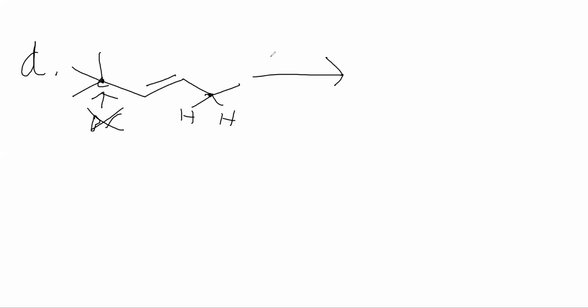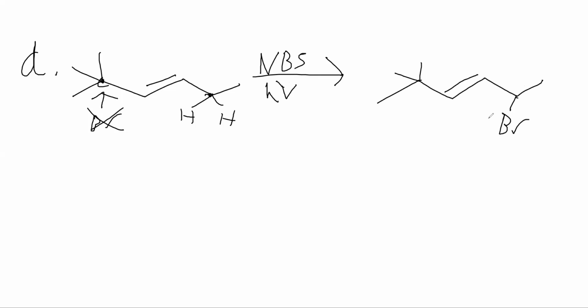But over here on the right, everything is the same as it has been. So the product that can form at the allylic position is just this product. And then if we want to look at the intermediates that led to that product, we have a radical here.